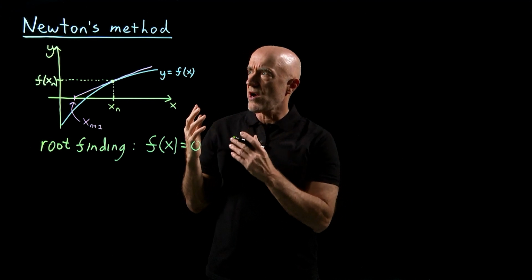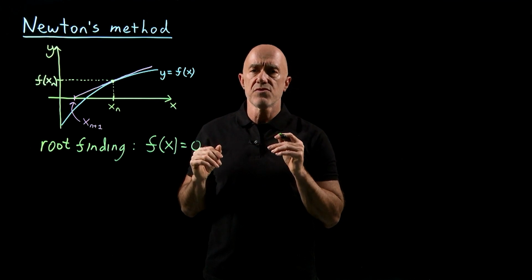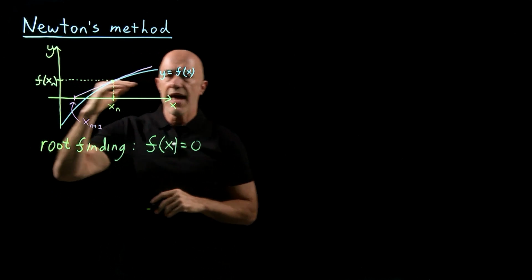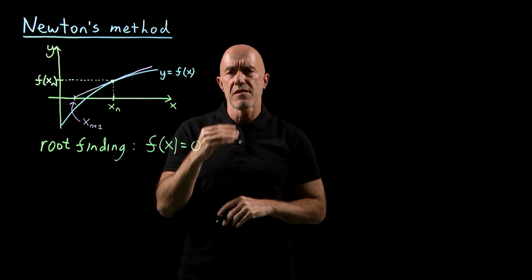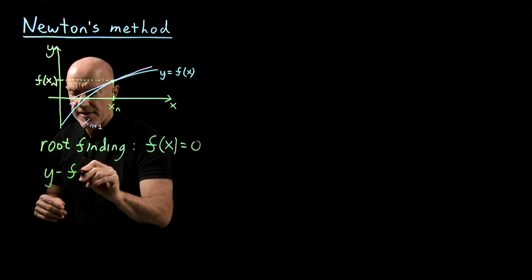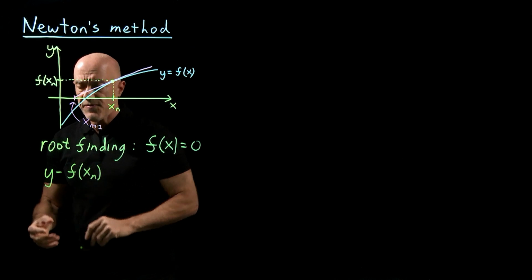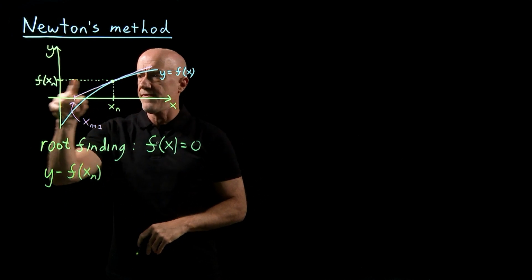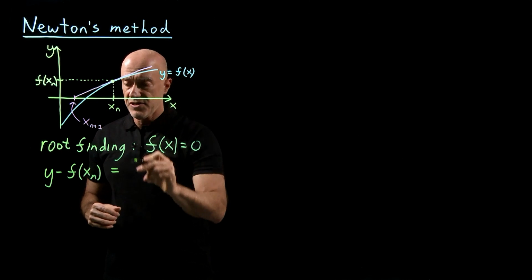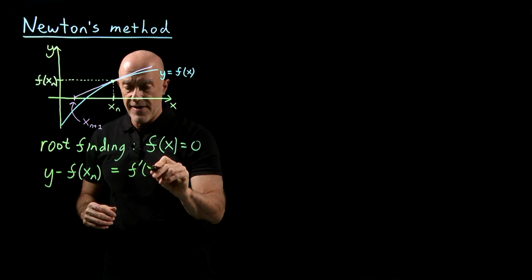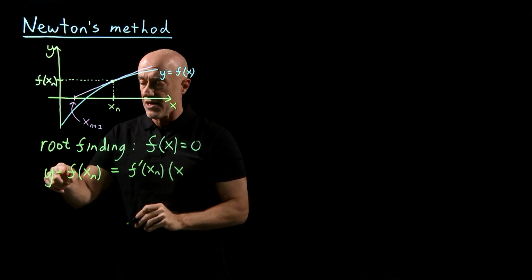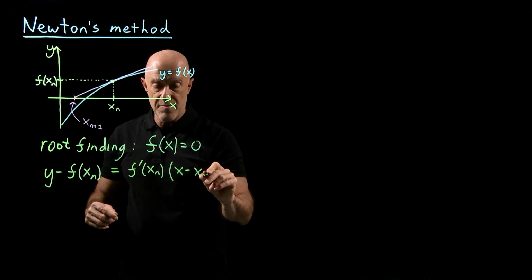In order to construct the numerical method, we need to first write the equation for the line. So let x, y represent a point on the line, then y minus f of x sub n, the difference between the point on the line and f at x sub n, is equal to the slope of the tangent line, f prime of x sub n, times the difference between the point x on the line and x sub n.